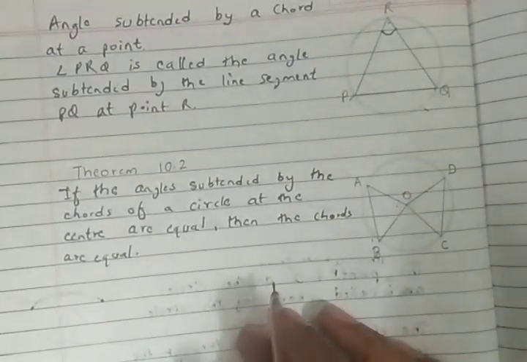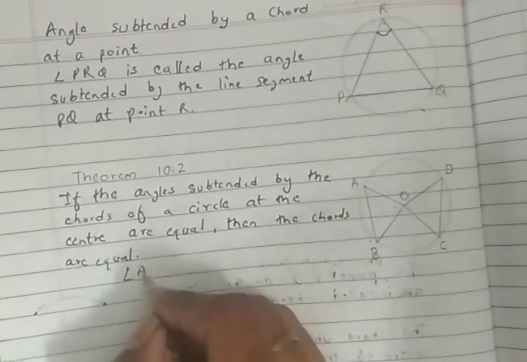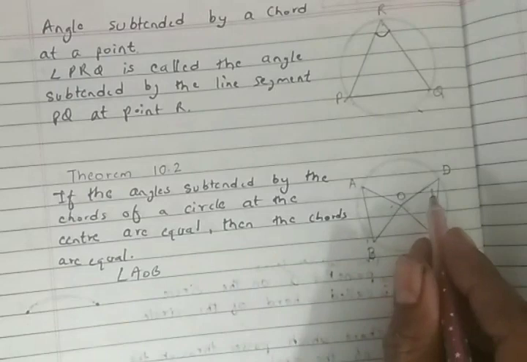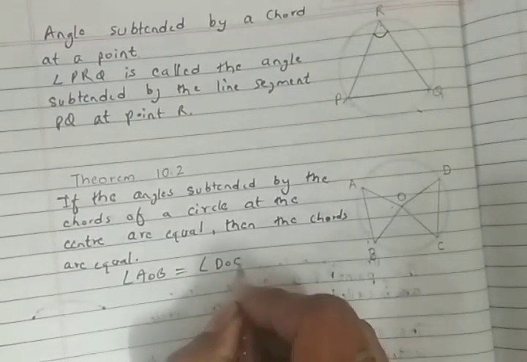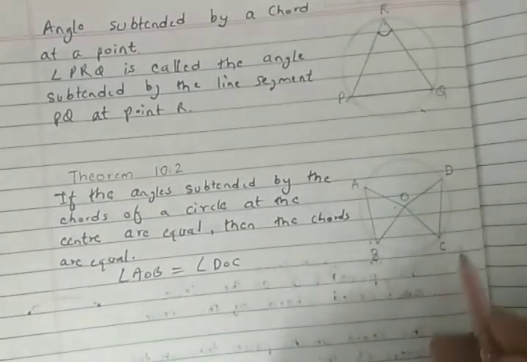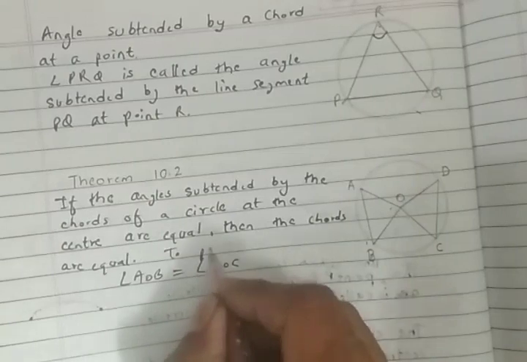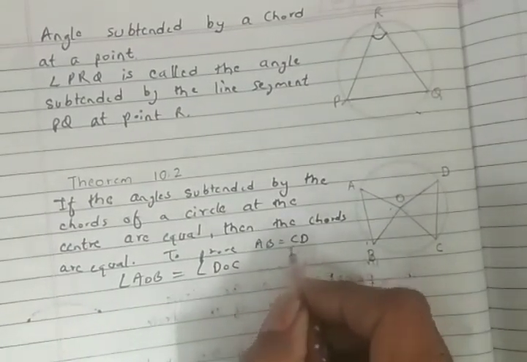How will we prove this? What information is given? Angle AOB is equal to angle DOC, and we have to prove that AB is equal to CD.